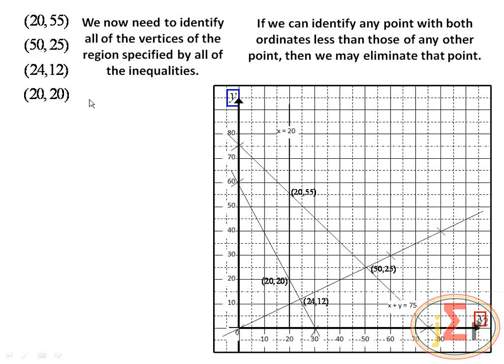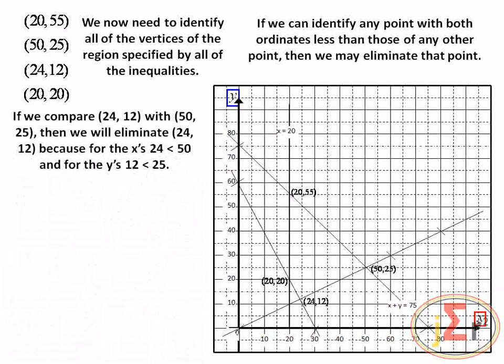We now have a maximization problem. So if we can find any vertex in which the two ordinates are less than the two ordinates of any other vertex, then we know that that one is out.